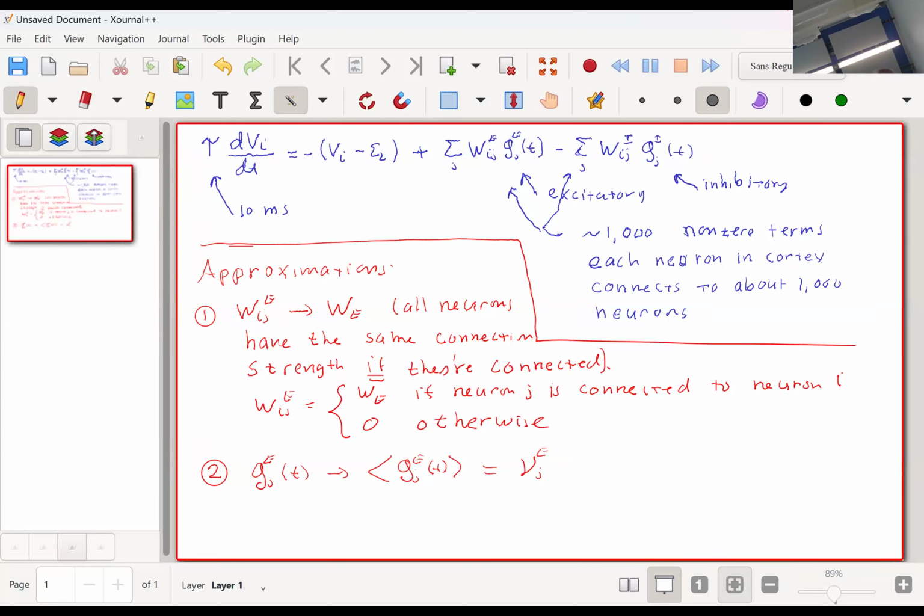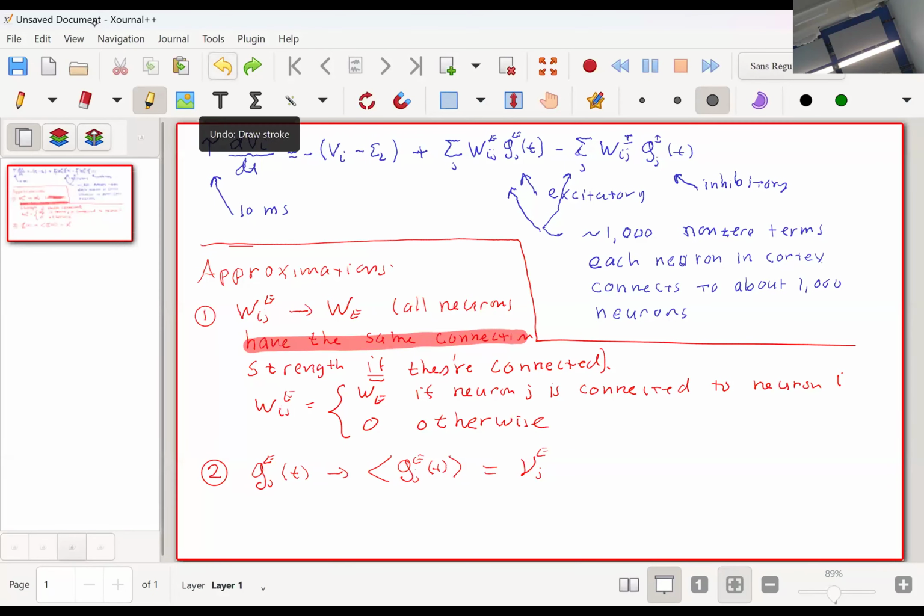Because we've made the approximation that all neurons have the same connection strength, now all the neurons have the same firing rates. Neurons are indistinguishable, and so that made things massively simpler.